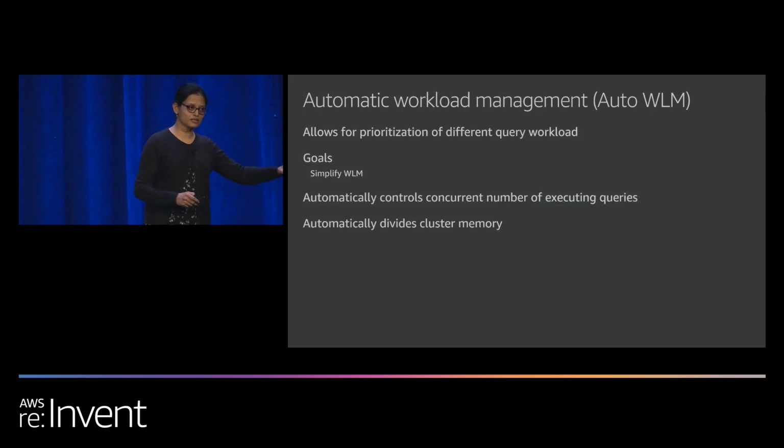What we talked about is manual WLM. Now, automatic WLM. The goal of automatic WLM is the same, to allow you to prioritize your workload. But the main objective and purpose of auto WLM is to simplify the configuration of WLM, where Redshift will automatically manage the memory allocation and the number of concurrent queries that are going to run.